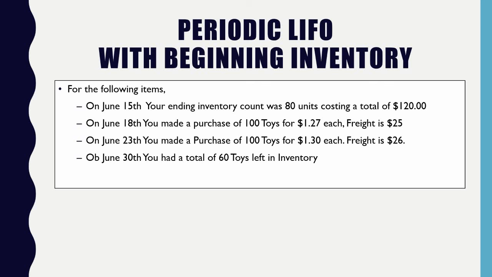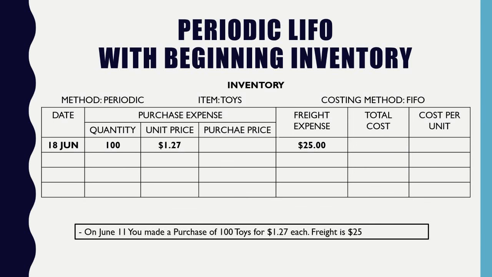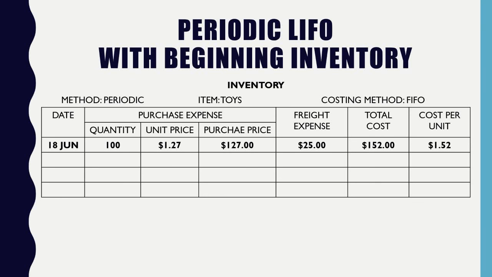All right. So again, on June 18, we made a purchase of 100 items, 100 toys at $127, and $25 is our freight. So again, $127 plus $25 gives us $152. So that means our batch is going to be for $152.